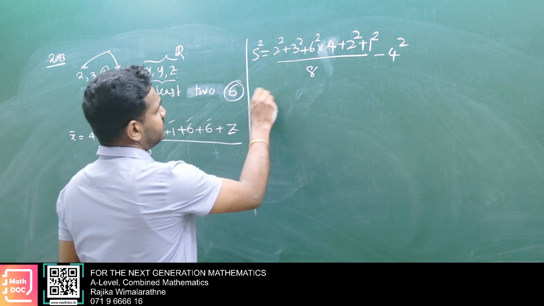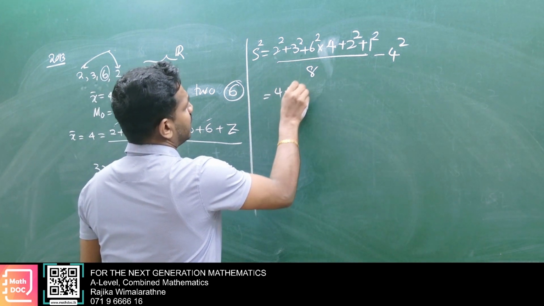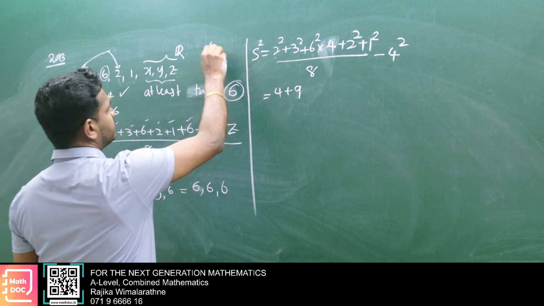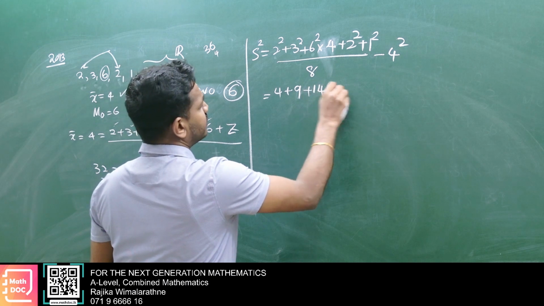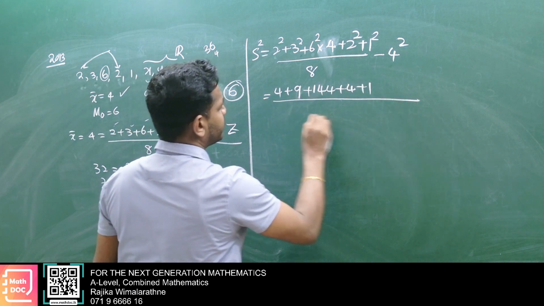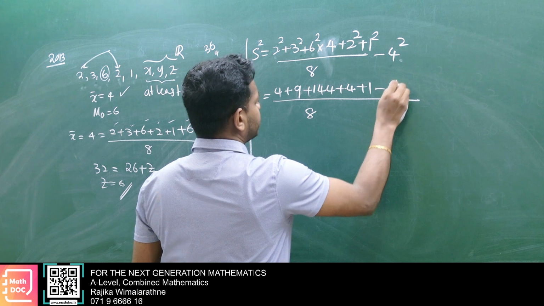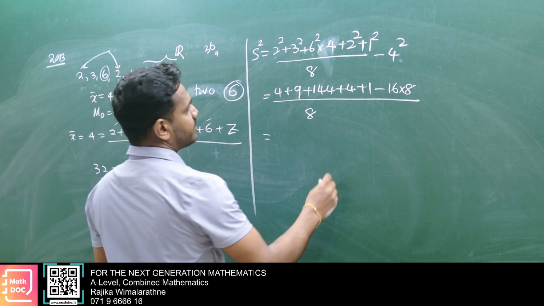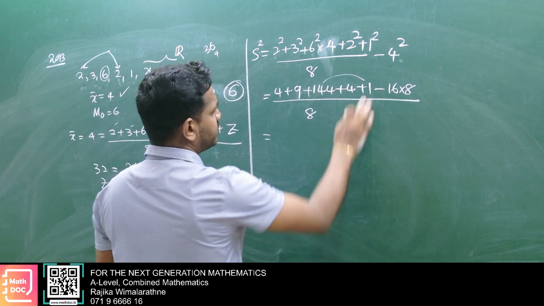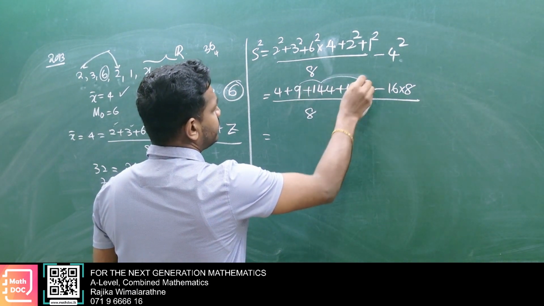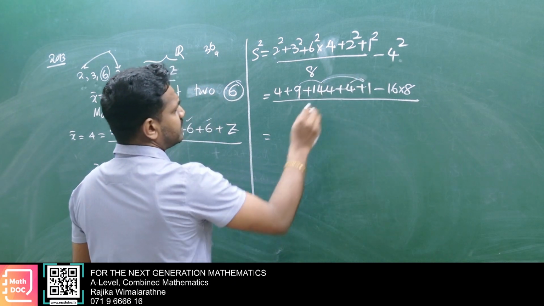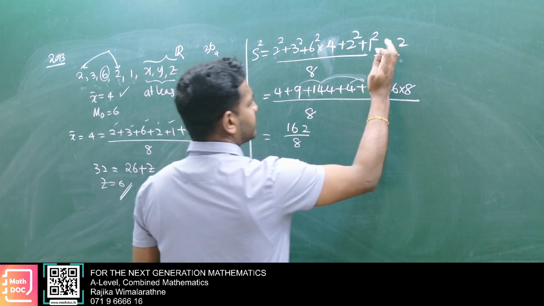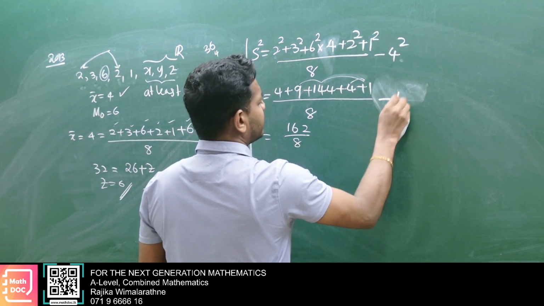Now find the value: 4, 9, 36 into 4, 144, plus 4 plus 1, over 8, minus 16. Simplify: 145, sorry, 154, 158, 162, 16.